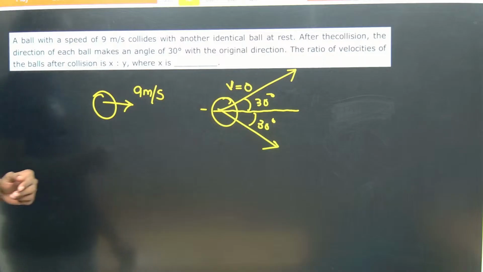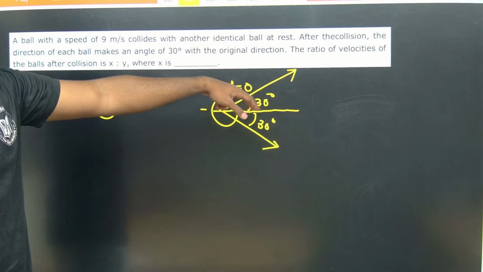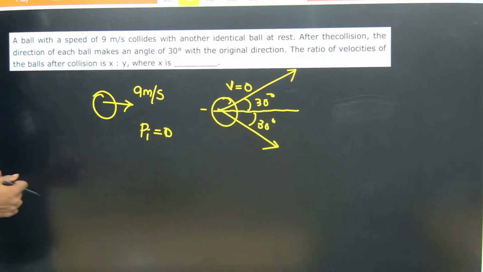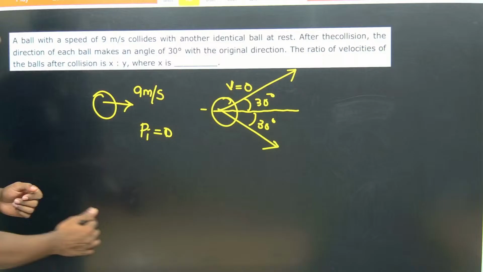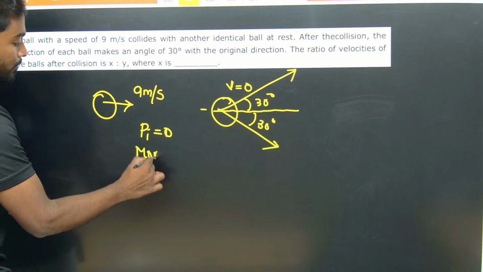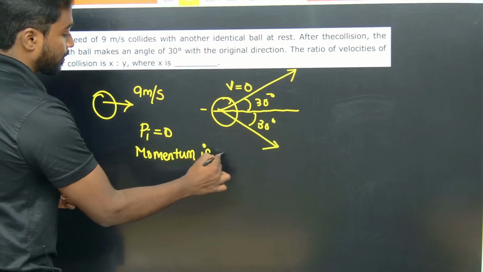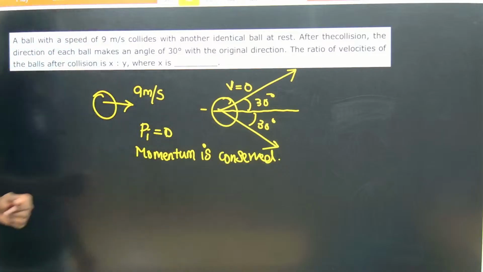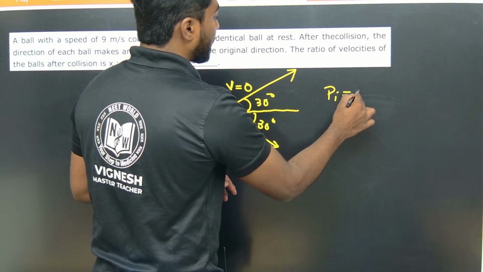Initially the momentum will be 0. After that I need to find the final momentum. So P initial will be equal to 0, and P final I need to find. Momentum is conserved, so P initial will be equal to P final.